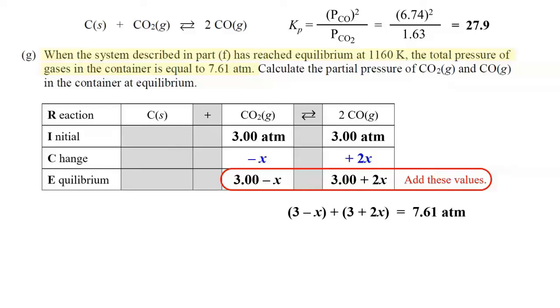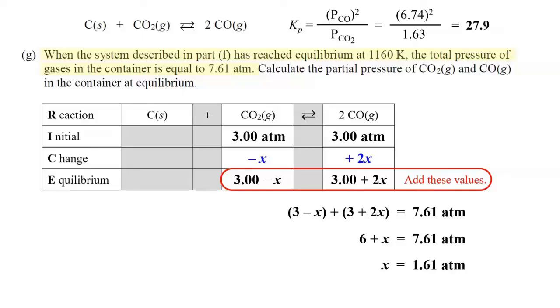Now we can just solve for x, pretty simple algebra. 3 plus 3 is 6, negative x plus 2x is x. So we have 6 plus x equals 7.61 atmospheres. x equals 7.61 minus 6, or 1.61 atmospheres.